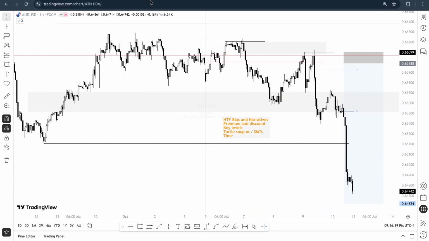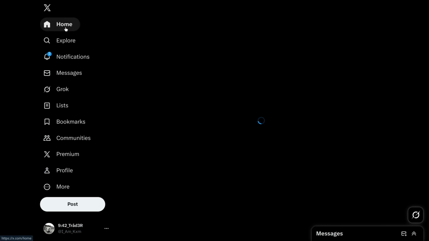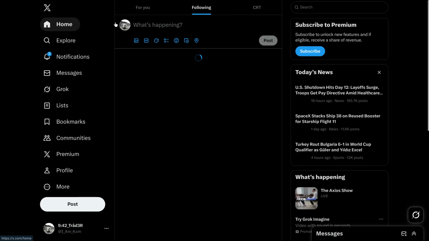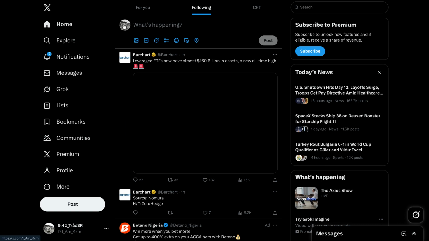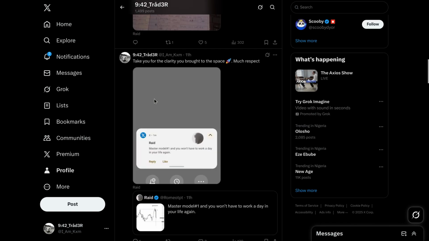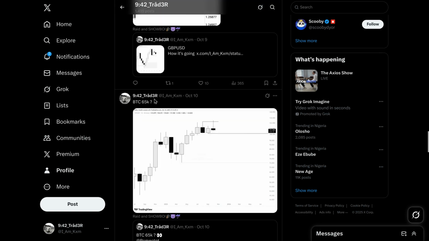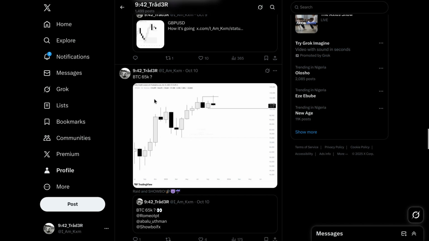So let me show you something here. This is my X, this is my Twitter handle, and I want to bring your attention to the execution I took on that AUD trade. Let me scroll, just give me a minute. Now this is GBP/USD.